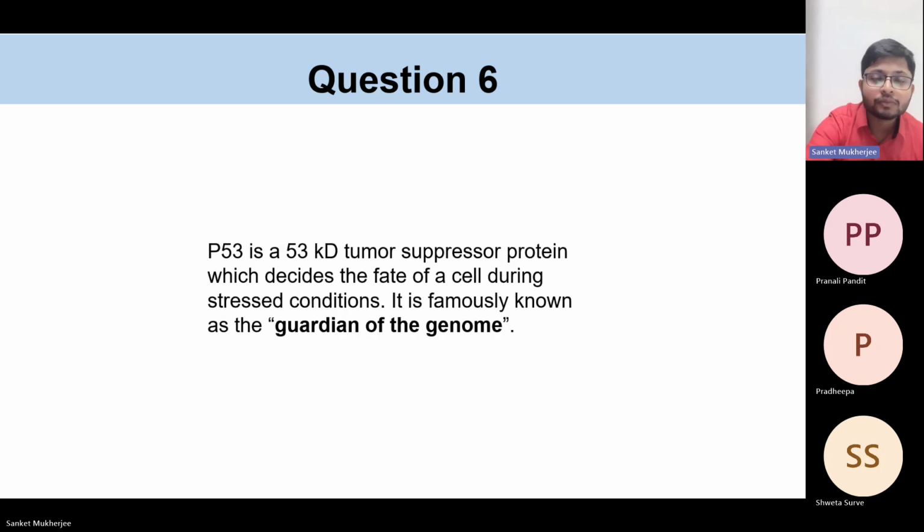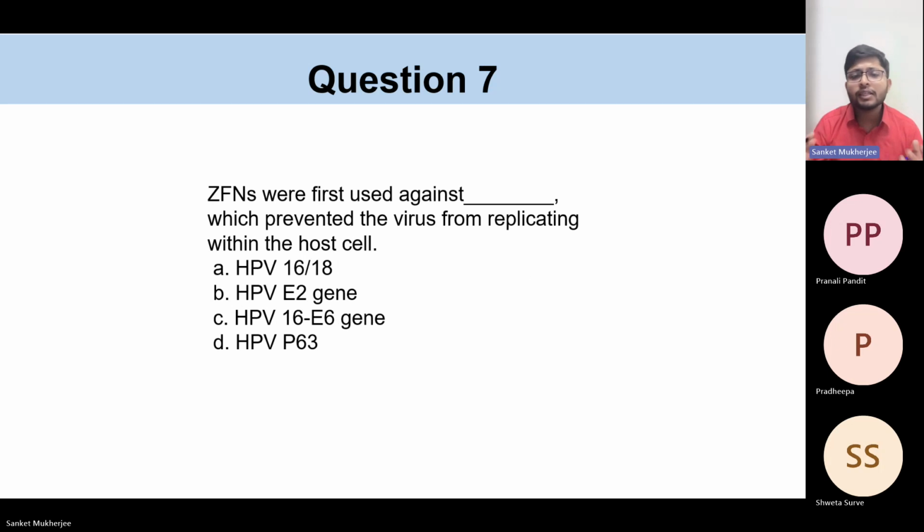We also said that zinc finger nucleases were first used against the HPV E2 gene. HPV is human papillomavirus. E2 is an element of this virus, an early ORF or transcript. Zinc finger nucleases were devised against this, and it was observed that the replication of the virus was affected.